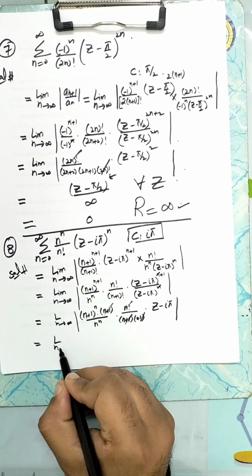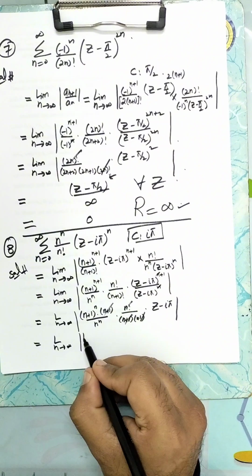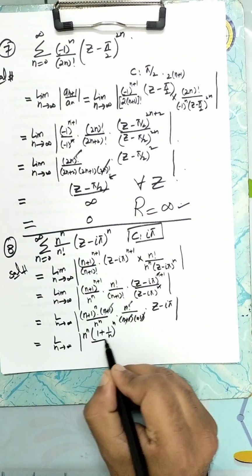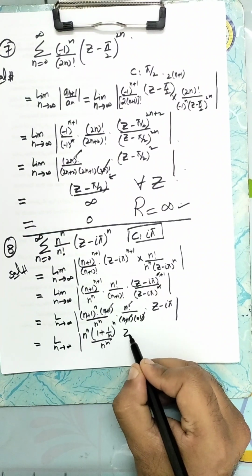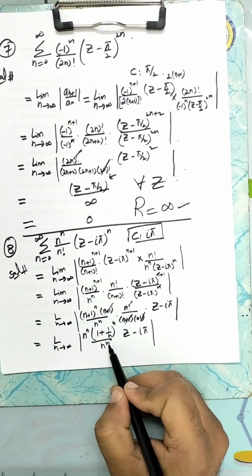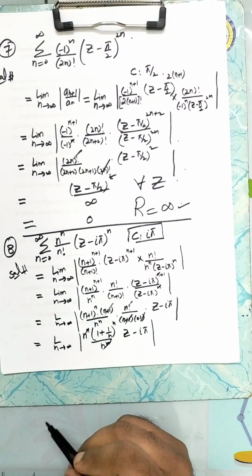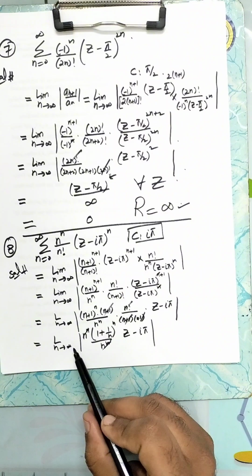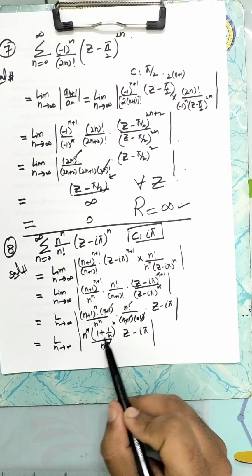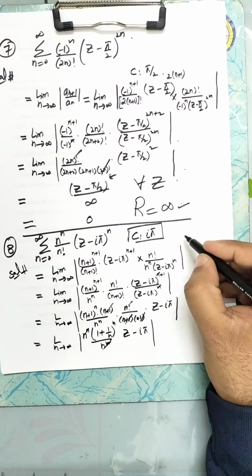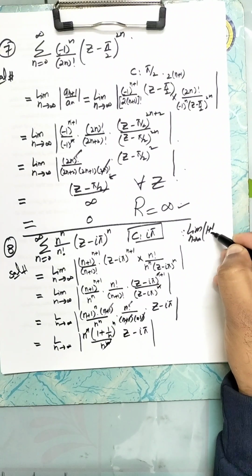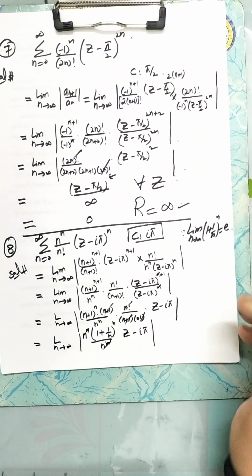So n factorial cancels out with n factorial, n plus 1 cancels out with n plus 1, and here we take just common n power n. So this becomes (1 plus 1 over n) whole power n divided by n power n, and this is z minus iota pi. So these two terms cancel out, and the limit of this is e, because we know that the limit as n approaches infinity of (1 plus 1 over n) power n is equal to e.